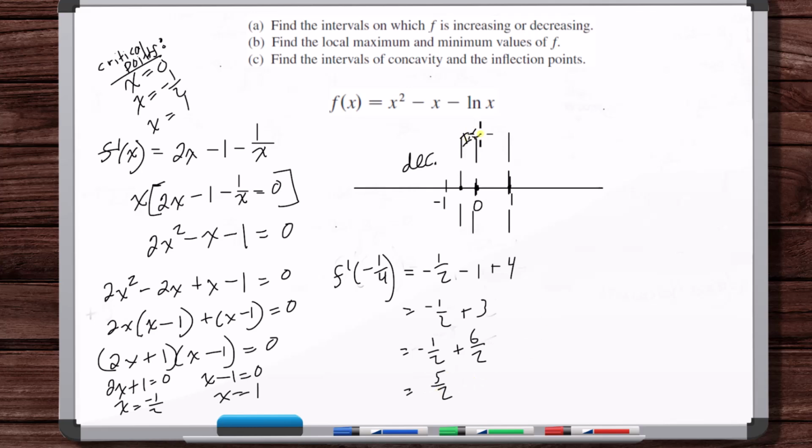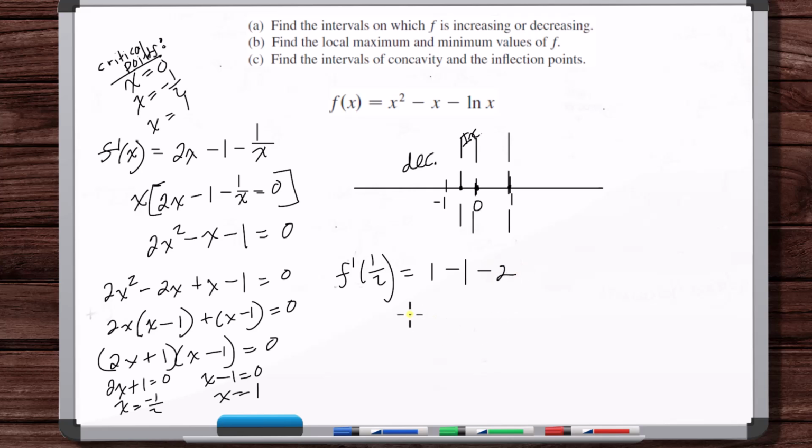Increasing. It's positive. Okay, now let's plug in 1/2. So 1 minus 1 minus 2, minus 2. Decreasing. Now let's plug in positive 2.